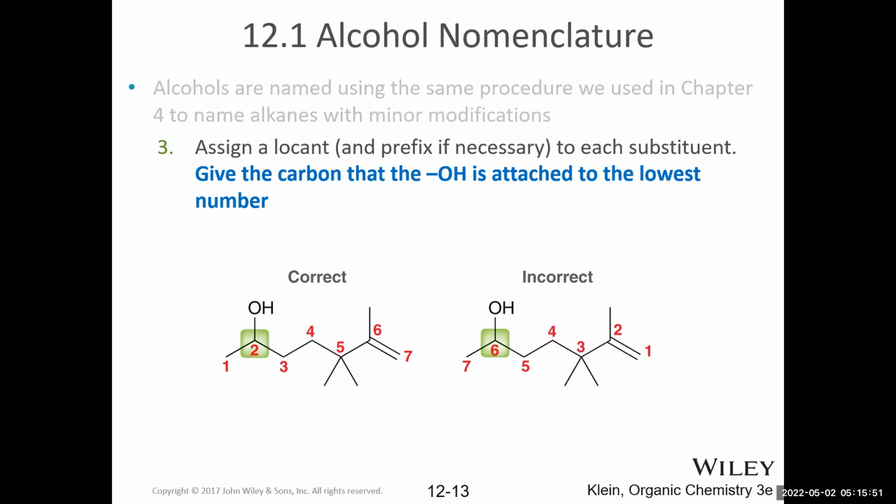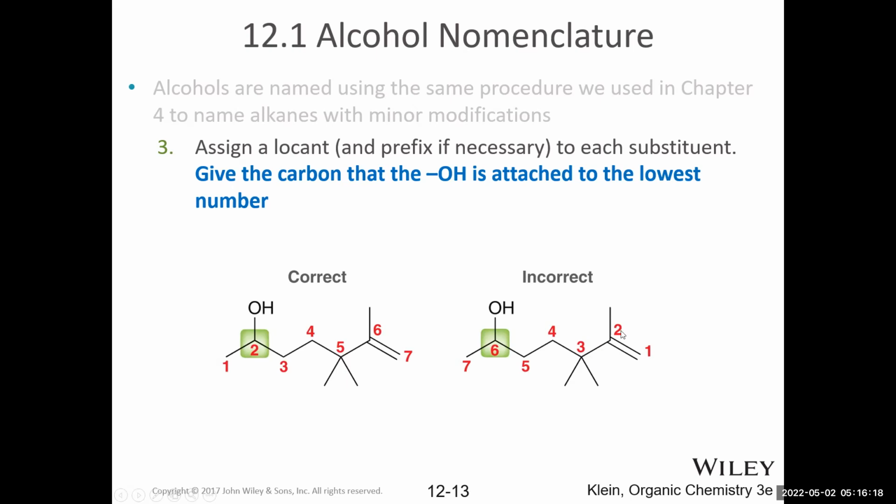We want to assign the lowest possible number to the carbon bearing the hydroxyl group. So for example, starting from carbon 1 on the left, going to carbon 7, this is the correct way of numbering because we get the lowest number possible on the longest carbon chain for the OH group.